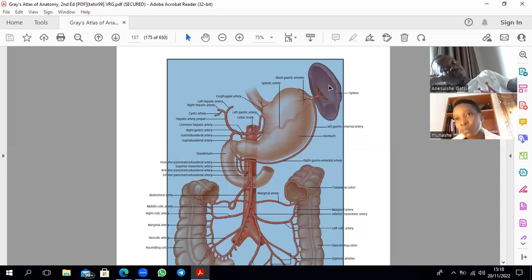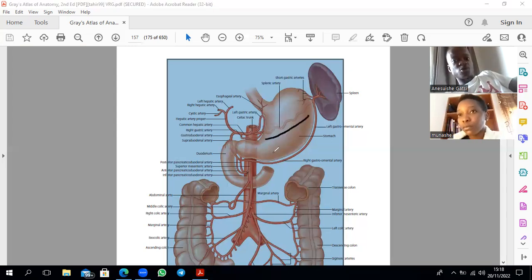So this splenic artery is also behind the stomach. Can you see it there? Yes. And if it was a full depiction, the pancreas would be here. So what I'm drawing is also behind the stomach.